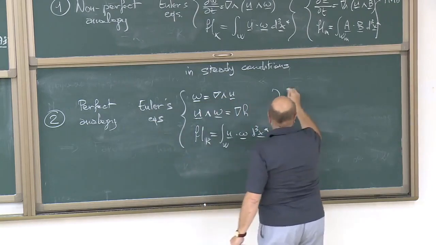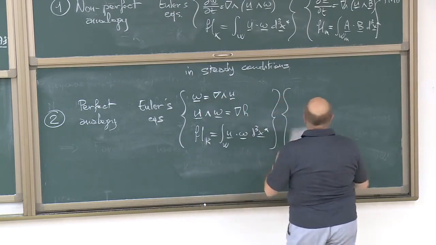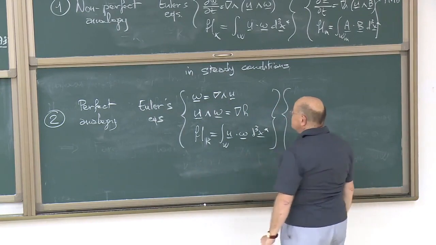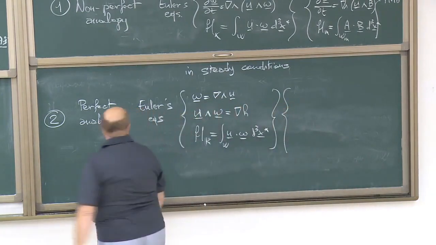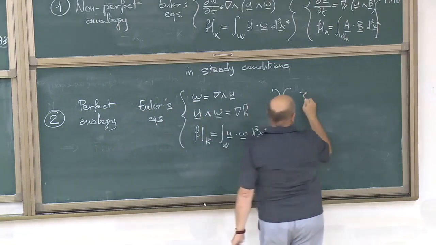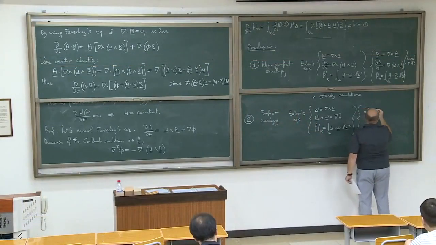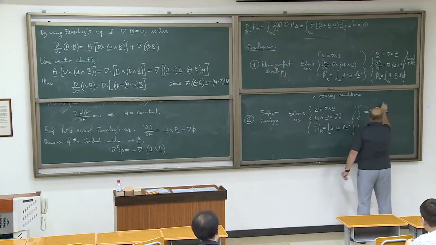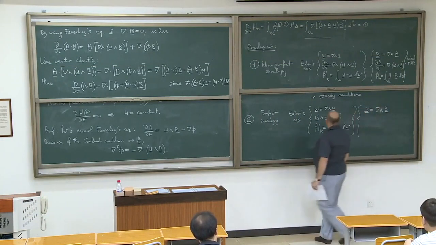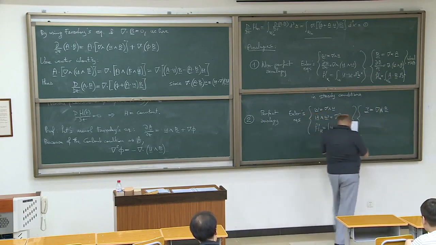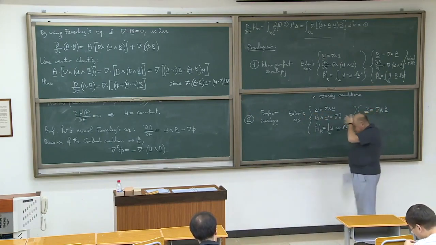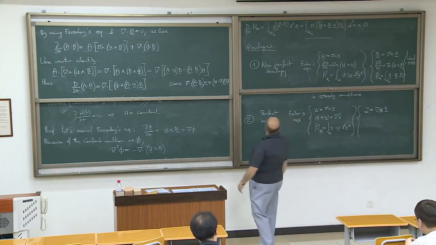Okay, and then we have MHD, and now the steady condition. We can think of the definition of the electric current, the curl of B, and then in static conditions, you have your notes.